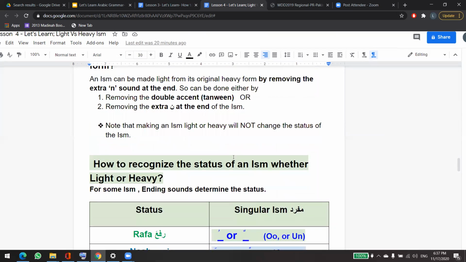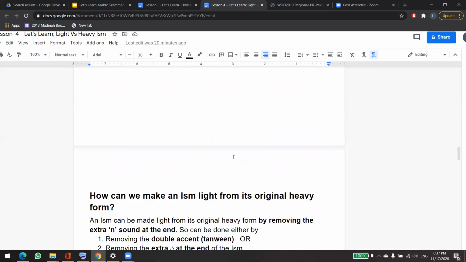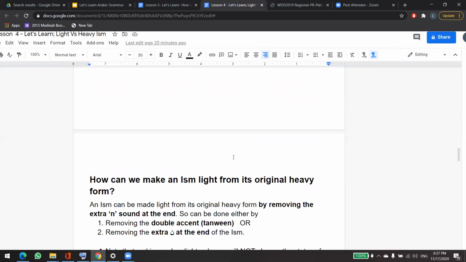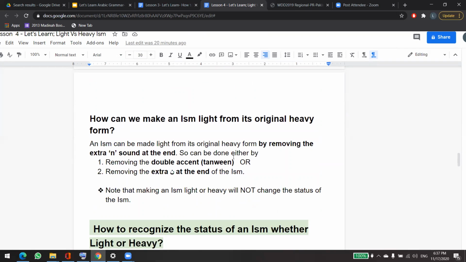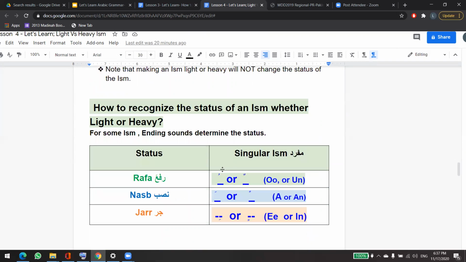Okay, so let's go back to where we were. For each word, we have two ending sounds or ending combinations for each status. Now we learn how to recognize the status of an ism, whether it is light or heavy, so we are revising our charts.